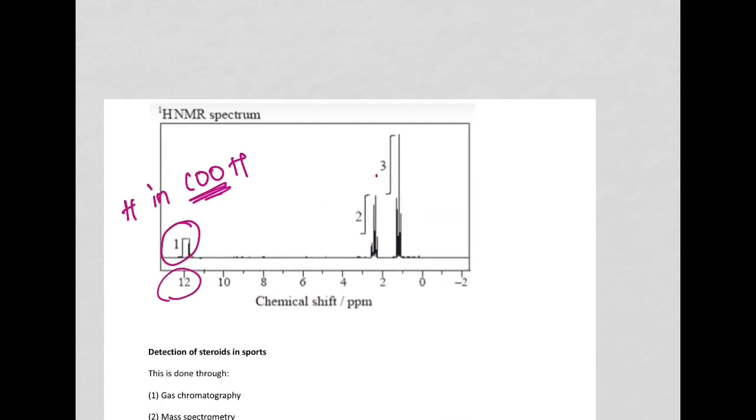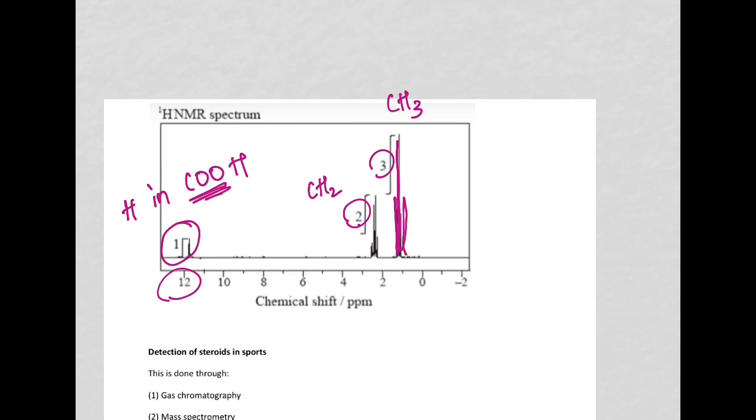And then you have 3 and 2. 3 means that there's 3 hydrogens, so probably CH3. And 2 means there's 2 hydrogens, so probably CH2. And because they are next to each other, generally we know that it's CH3CH2. If you look at the CH3 peak here, you see that it is 1, 2, 3.